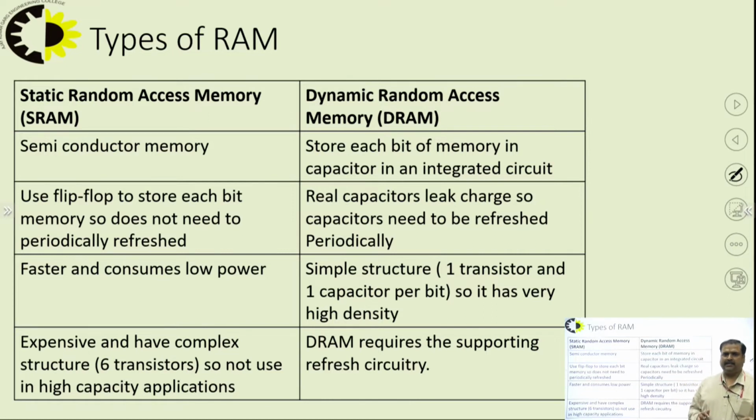The static random access memory is made up of semiconductors, whereas in the dynamic random access memory, each bit of memory is stored in a capacitor in an IC. So millions of capacitors are used in ICs to hold MBs or GBs of data, but that kind of arrangement becomes very costly.